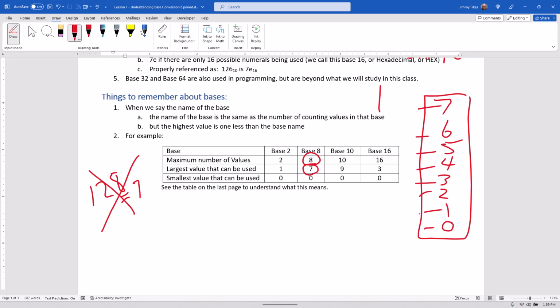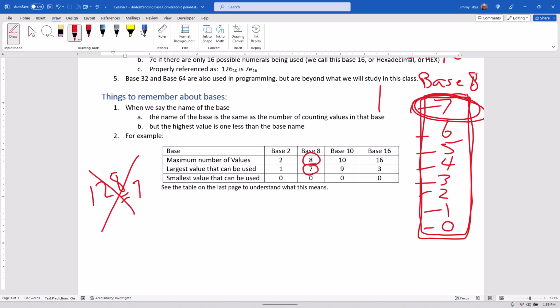So when you say the name of the base, this is base 8, you're saying how many counting values there are. But the largest possible counting value is always one less than the name of the base. That's the way the system works, and it works that way in every base.